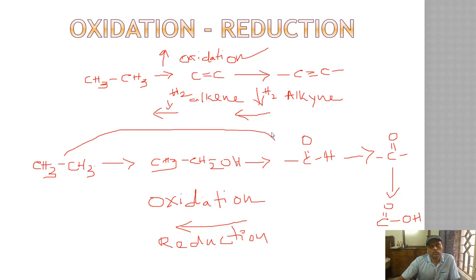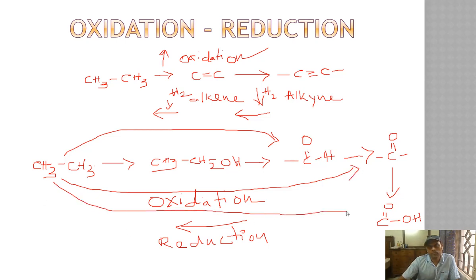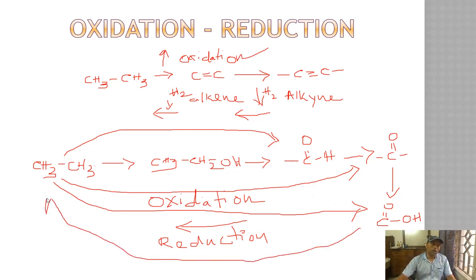This can be formed, or from this directly, this can be formed, or from alkane directly, carboxylic acid can be formed. So those are also oxidations. So the reverse, even carboxylic acid to alkane, or ketone to alkane, that is also reduction, and it all depends on how strong the oxidizing and reducing agents are. So this is one thing you have to remember.